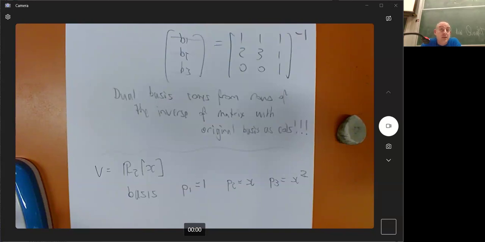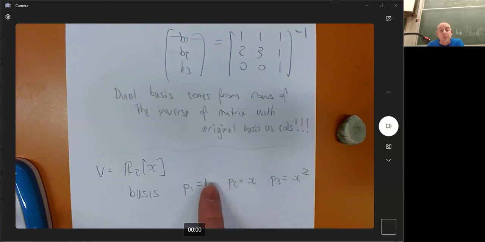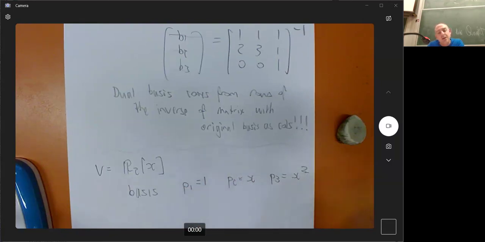So there must be some linear functionals that, when I apply them to these three functions, produce 1 for one of them and 0 for the others, and so on. Each of them is 1 and the other ones are 0.